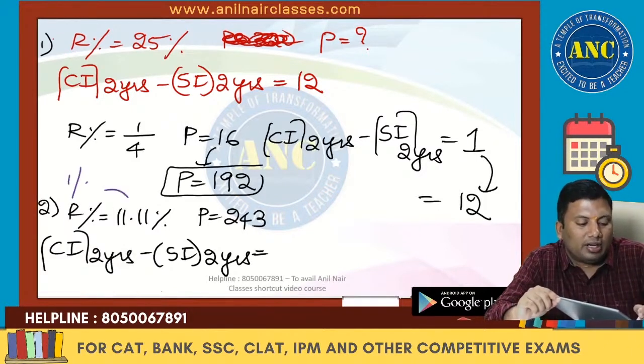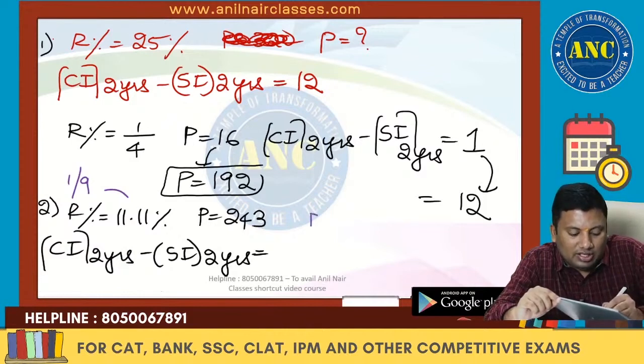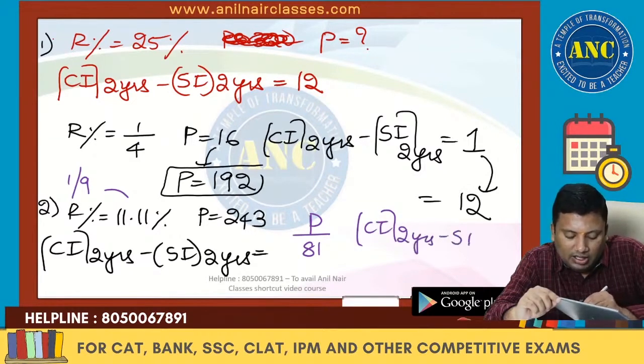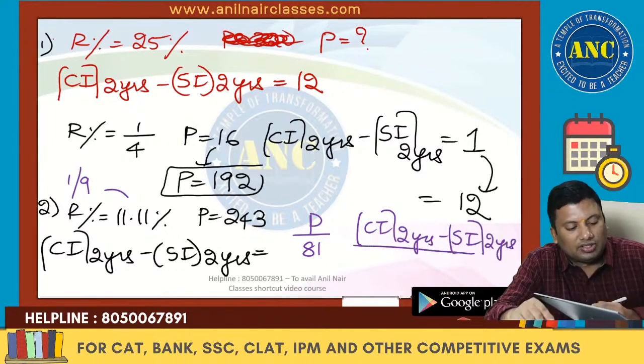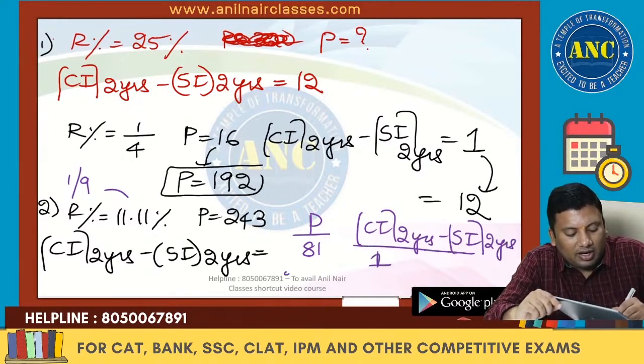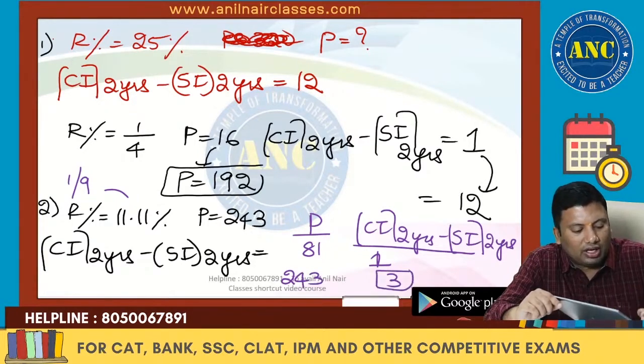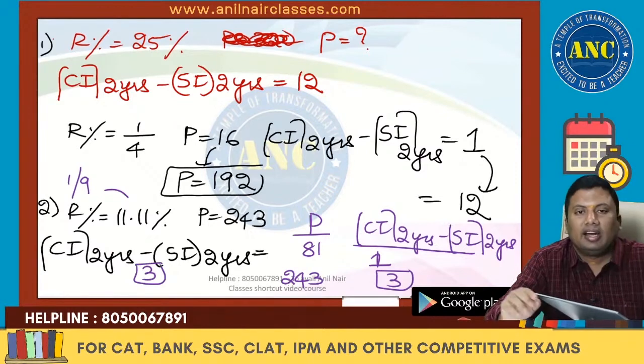These are nothing but 1 by 9. That means if the principal is 81, what did we discuss? CI for 2 years minus SI for 2 years will become 1, but according to the question it is 243, so 3 times 81. I hope the idea is clear, right?